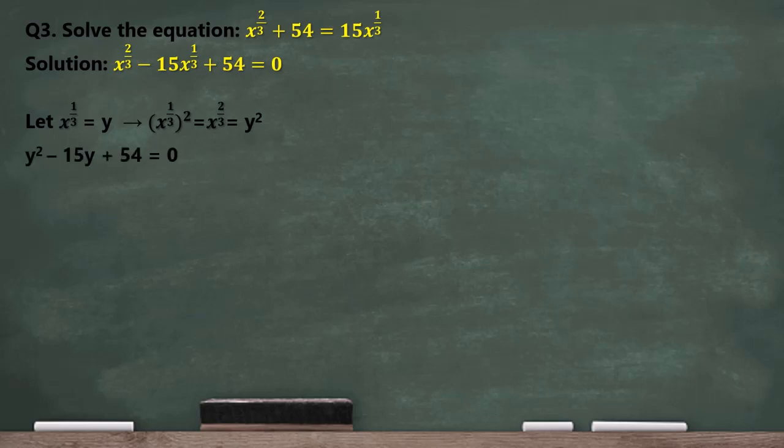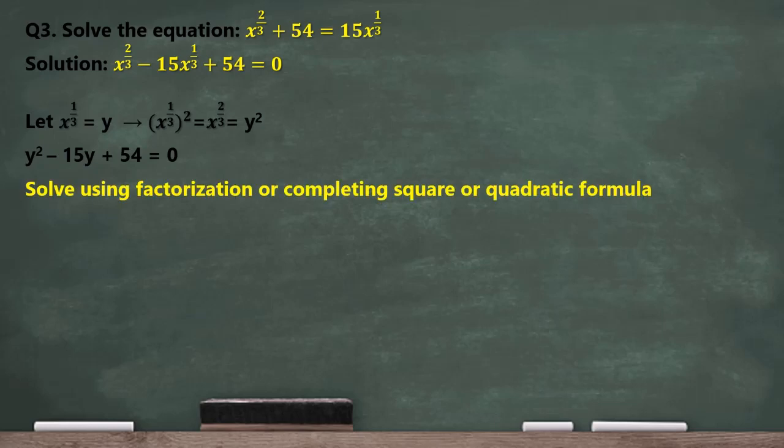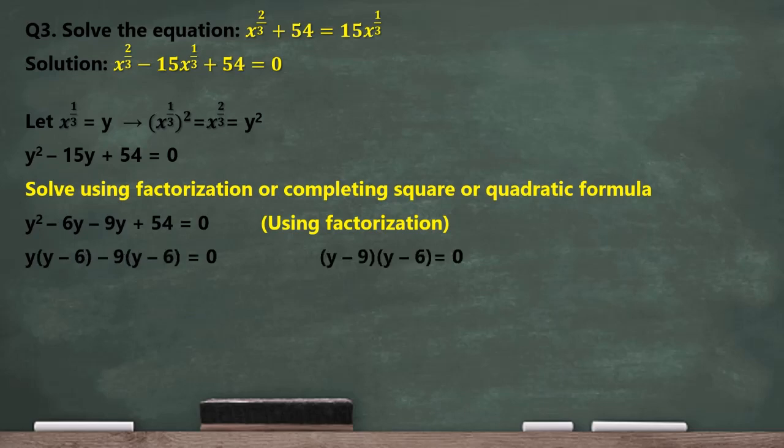So the reducible equation into the standard or general form of a quadratic equation is y square minus 15y plus 54 equal to 0. Now solve using factorization, completing the square, or the quadratic formula. If we use factorization, now middle term breakup, the coefficient of y square is 1 and the constant term is 54.